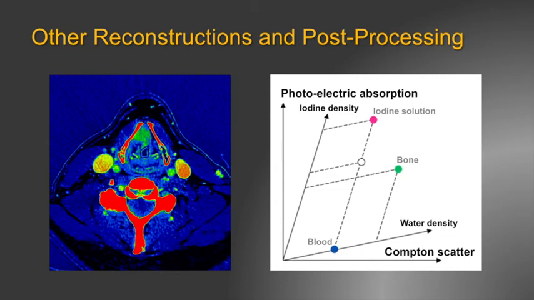Because of overlap in physical properties of calcium and iodine, a complete separation of the two is not possible using basis material decomposition. For this reason, calcified tissue will have high signal on iodine maps. This should not be confused with high iodine signal. This pitfall needs to be kept in mind when interpreting these reconstructions.